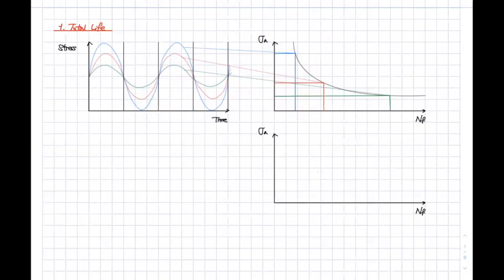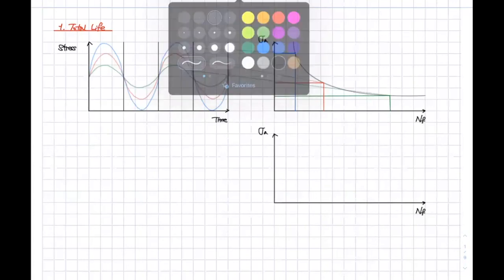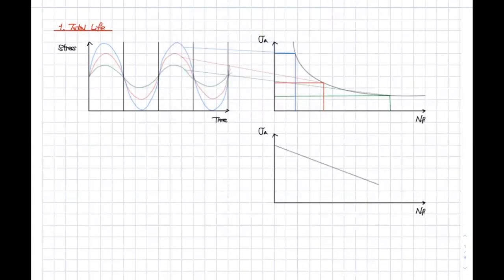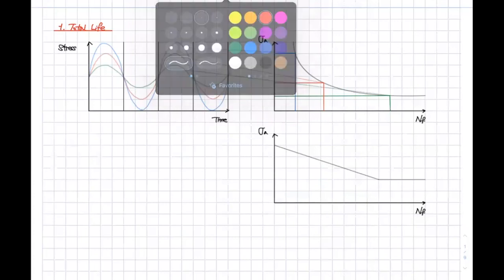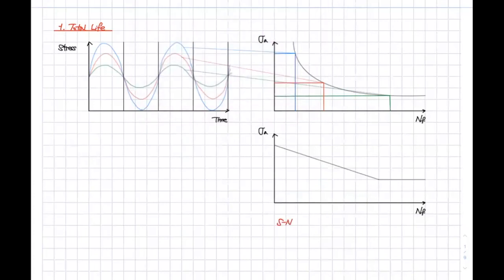what happens is something like this. So this is an S-N plot on a linear-log scale.